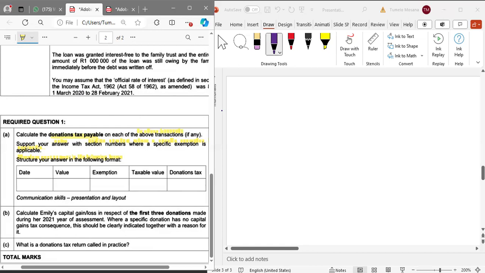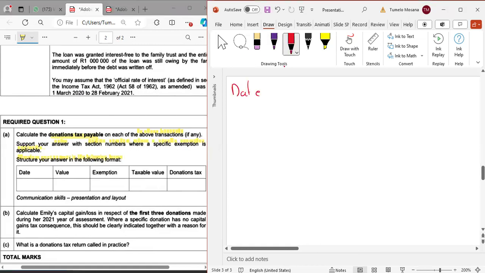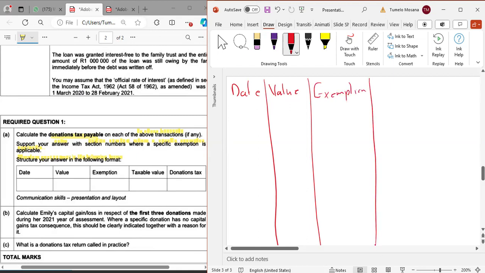So what I want us to do now is to answer required number A, right? So we would have our date, our value, our exemption, our taxable value, and also our donations tax.